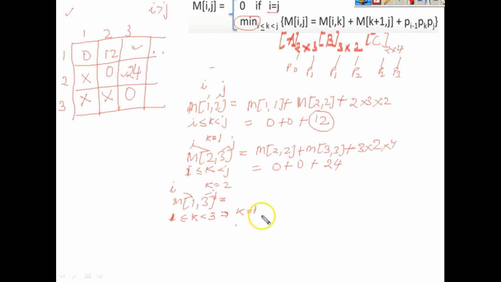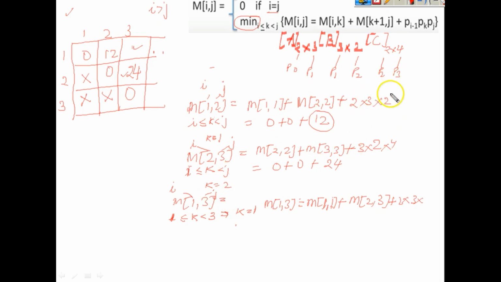So for K equals 1, if I solve, then M13 will be M11, this is Mik where K is 1 here, plus M(K+1)J, that is M23, plus P(i-1) Pk Pj. So P0 is 2, K is 1 here, so this is 3, into Pj.